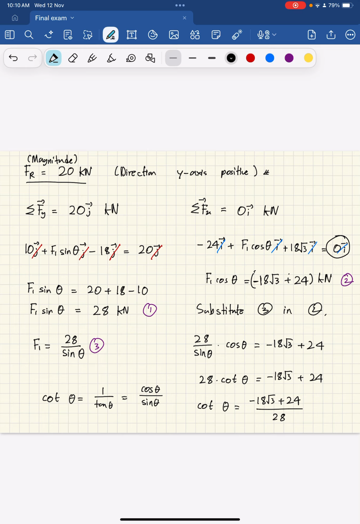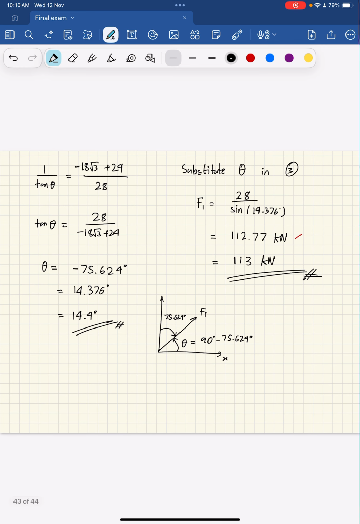Okay. So this one, negative angle. Let me see from the quadrants first here.